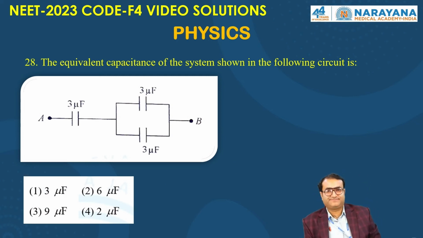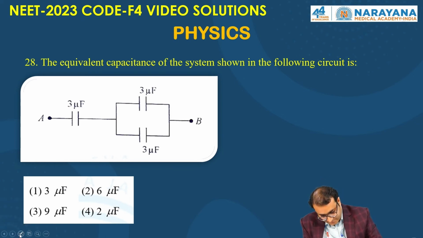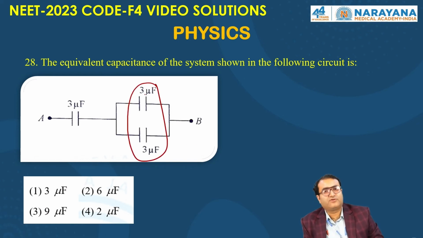Question number 28. We can see this 3 microfarad and 3 microfarad both are in parallel combination. You have to find the equivalent capacitance here. It will sum up to 6 microfarad.